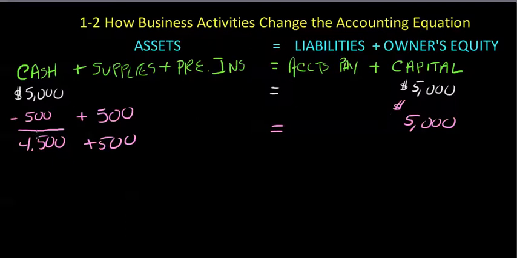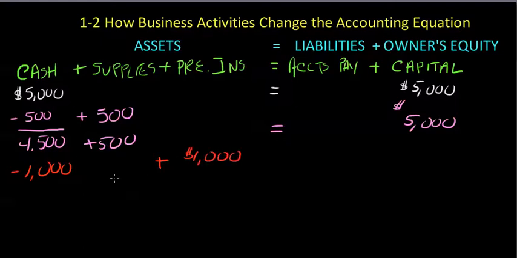Our third transaction is we paid cash for insurance. So let's assume that we paid $1,000 for our insurance. So if we paid $1,000, we would subtract $1,000 from cash, but we added $1,000 to insurance.